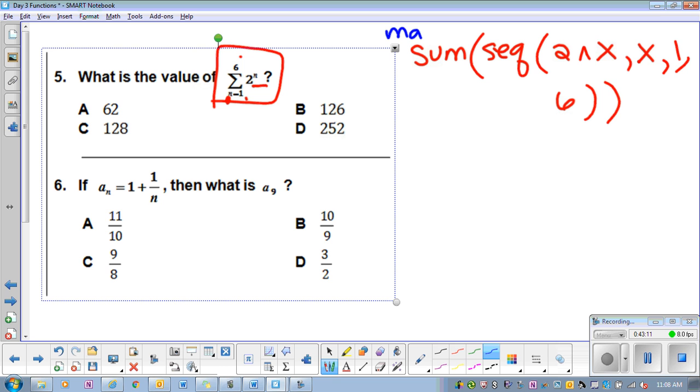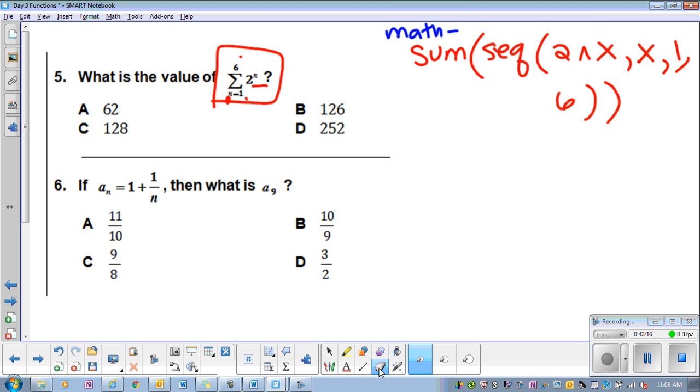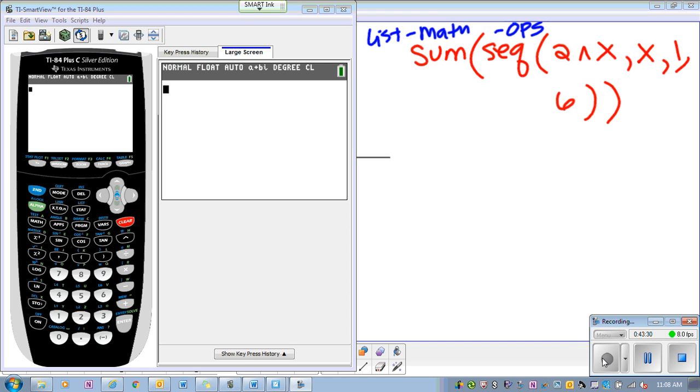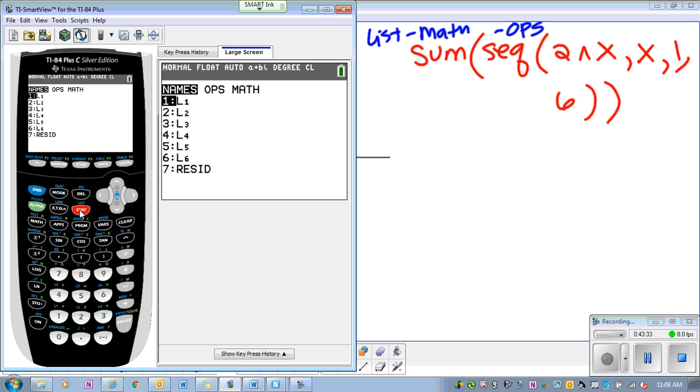Remember, math. No, sorry, it's list, math. This one is the ops, right? So second stat. If you put this into the calculator, right? Second stat, go to math, sum.